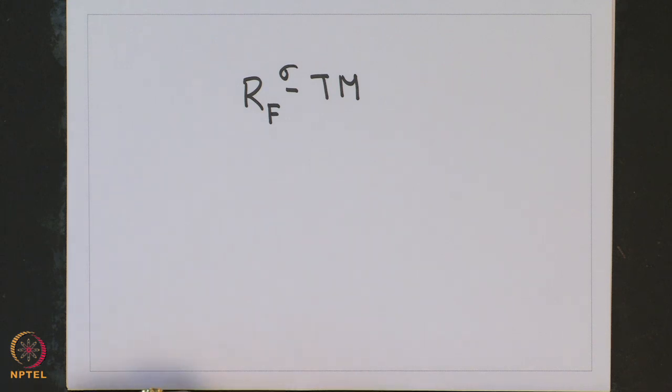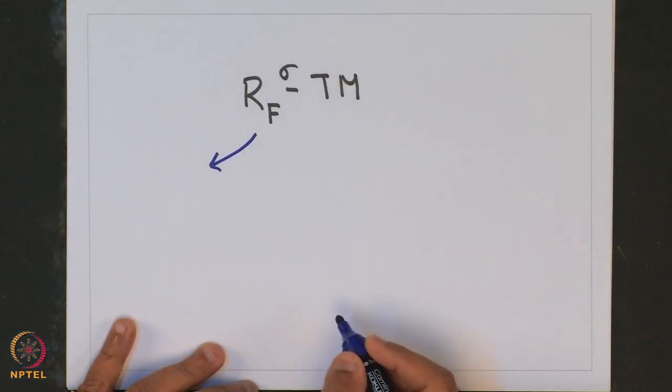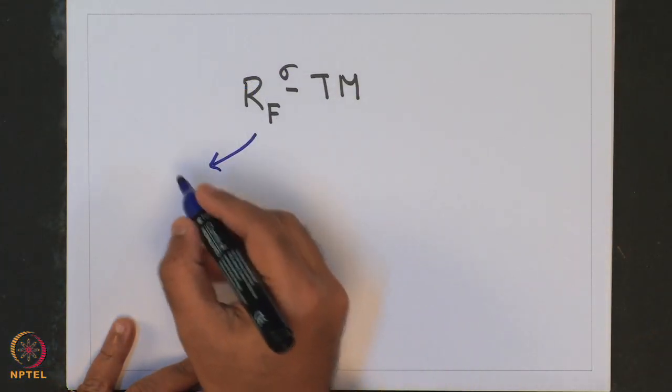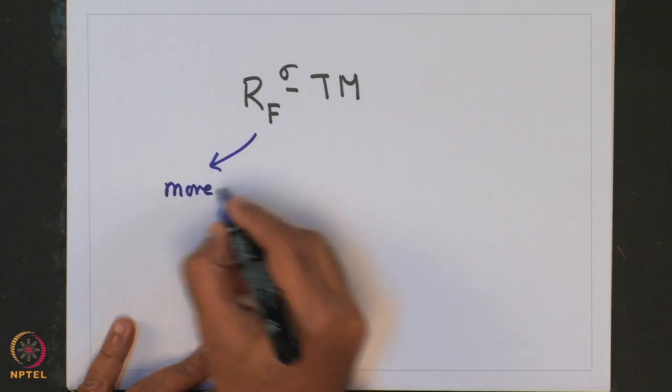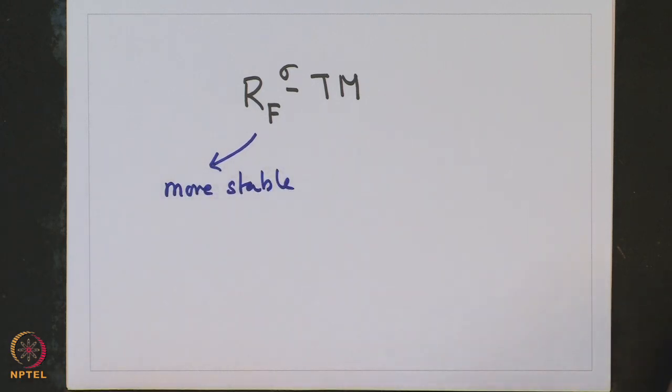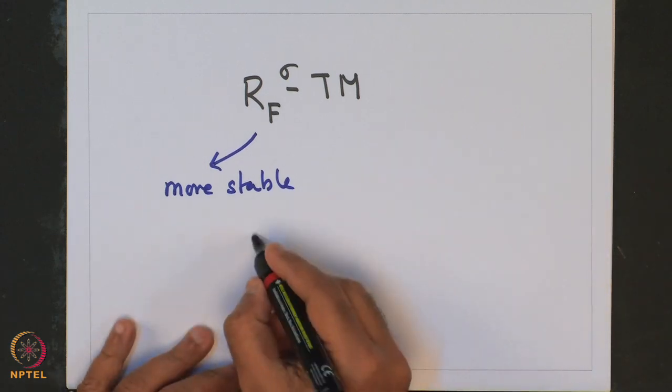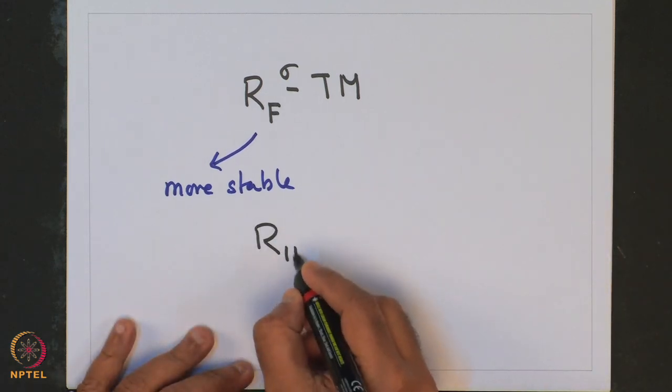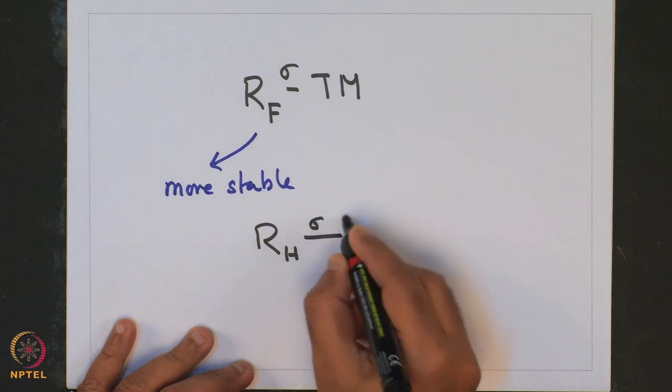These complexes we have discussed show extra stability as compared to the corresponding transition metal sigma alkyl complexes, which are designated by R sigma TM.